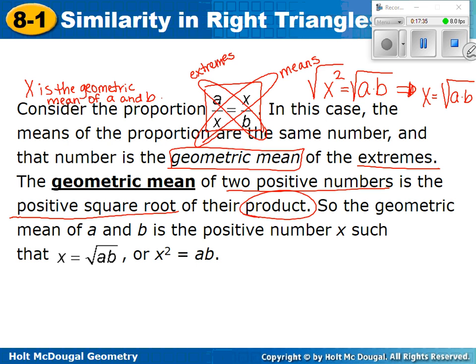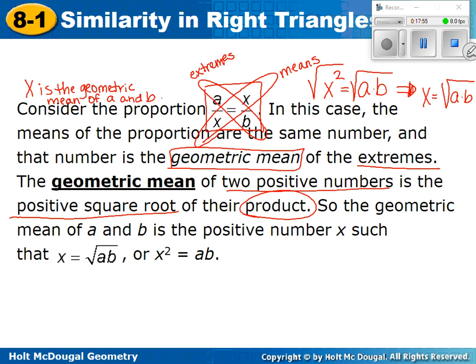So the geometric mean definition is a shortcut so that you don't have to write the proportion every time. You can just simply multiply the two numbers, take the square root. If they give you two numbers and ask you to find the geometric mean, all you do by definition is multiply them and take the square root. That is your geometric mean.